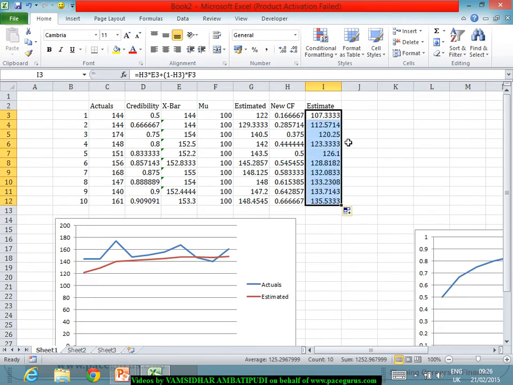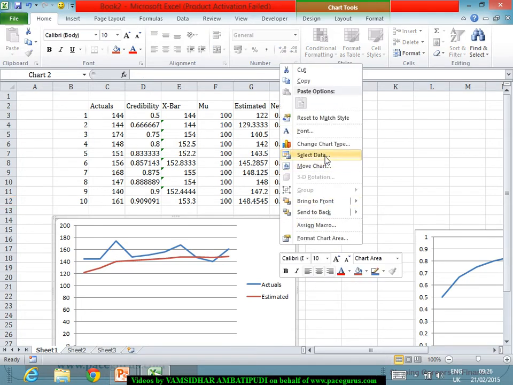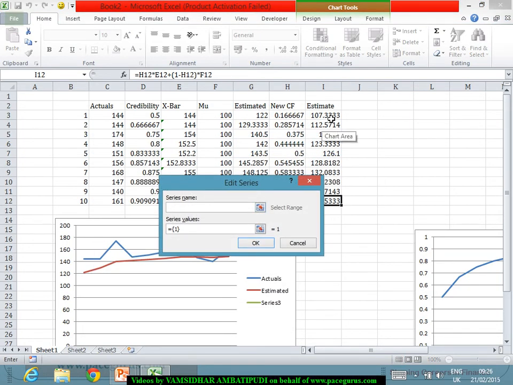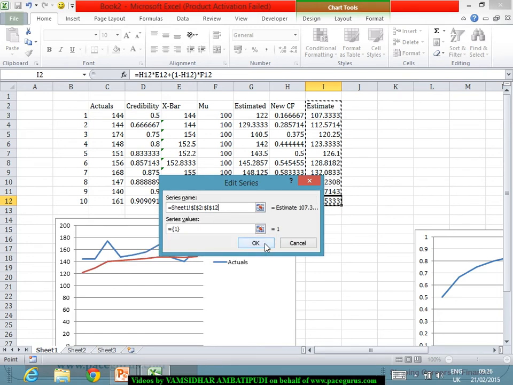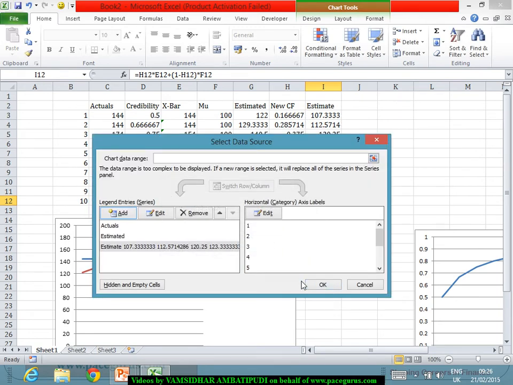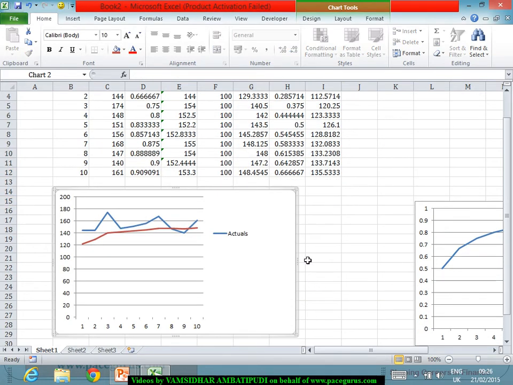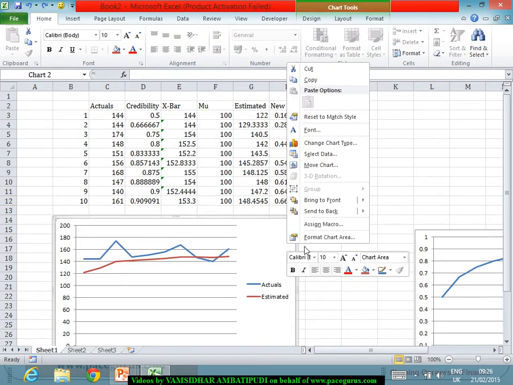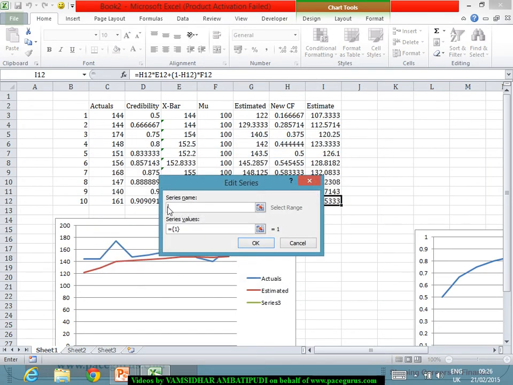So this is resulting in an estimate of only 135, and if I am taking this data also into this chart, all I could see is... I'll call this as new.